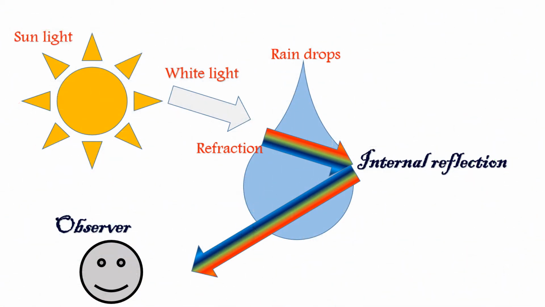When white light passes through these tiny raindrops, on refraction it separates into 7 colors. Then, due to internal reflection, it comes to the observer, and the person sees a rainbow in the sky after raining.